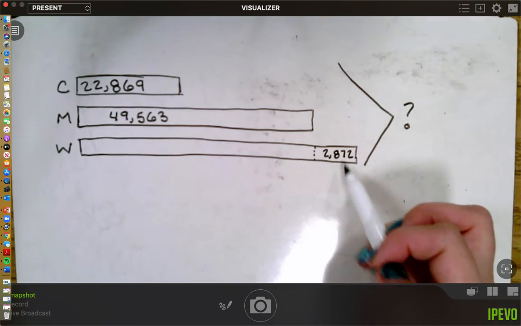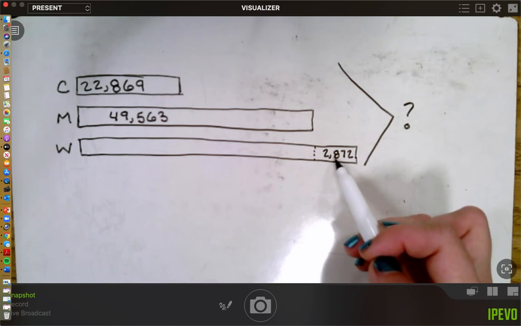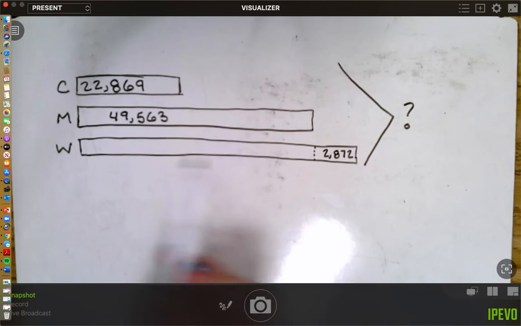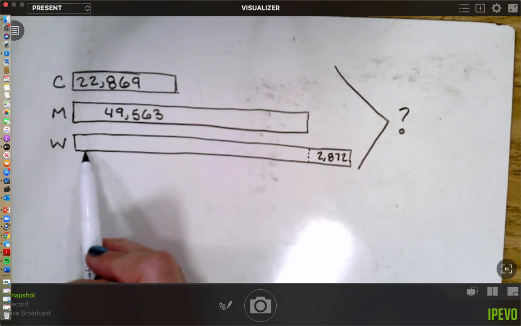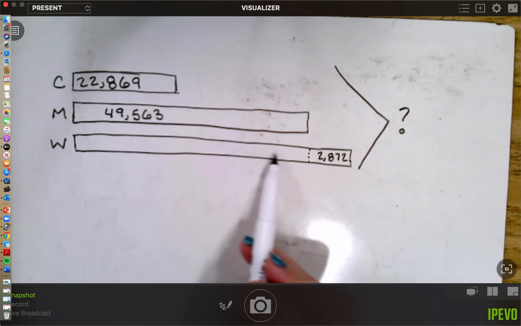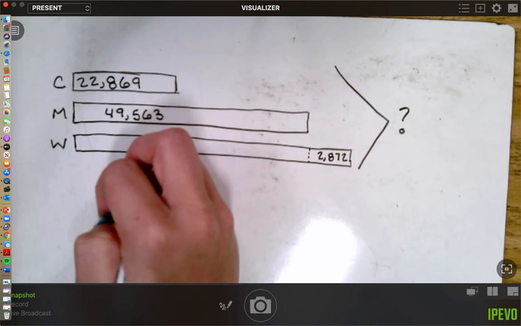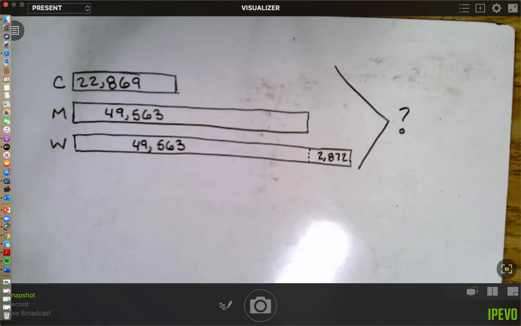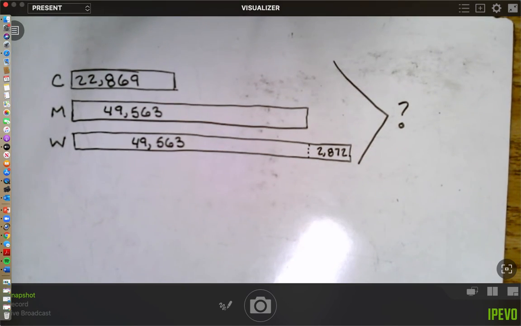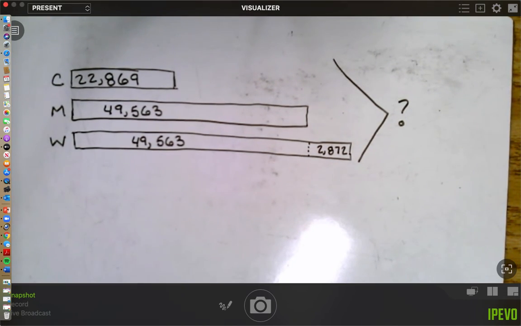So I'm going to label this piece as the more women than men, because this amount would be equal to what the men were. So this would be 49,563. From there, you should be able to use this tape diagram to help you answer the question.